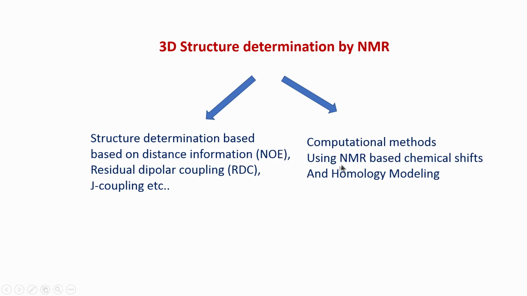But if you look at computational methods, these are newly emerging methods which have come up in the last 10 years or so. Here, first you assign the protein. Assignment is mandatory, you cannot avoid that step. Once you assign a protein, you have the protein chemical shifts with you. Take those chemical shifts and combine them with homology modeling, meaning a similar structure to the one you are trying to solve may already be available in the database, the PDB.